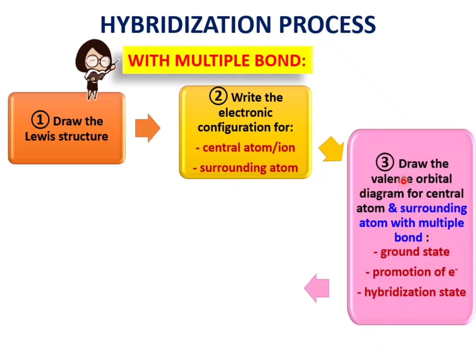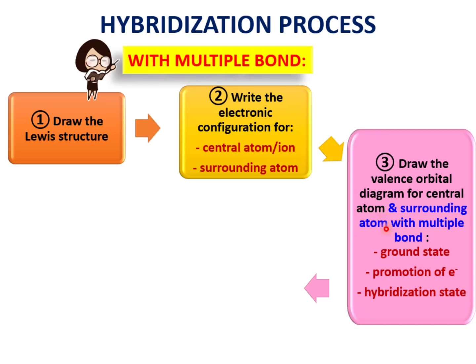Step number 3, draw the valence orbital diagram for the central atom and surrounding atom with multiple bond. See, so this is the difference between structure without multiple bond and with multiple bond at the third step. Where if you look before this, without multiple bond, we just focus on the valence orbital diagram for the central atom.